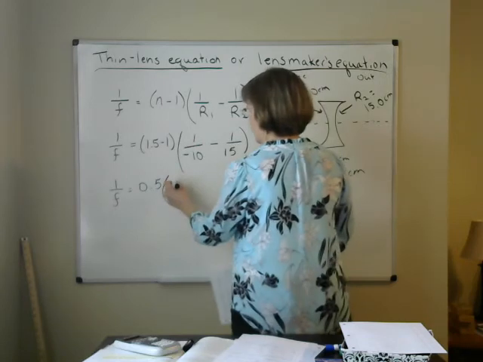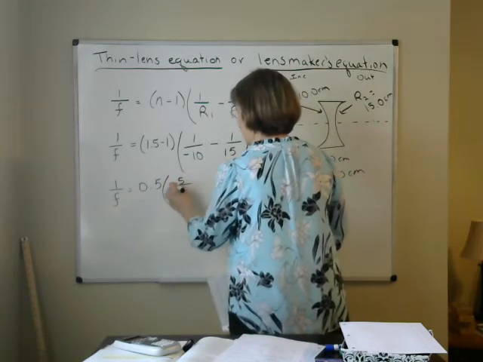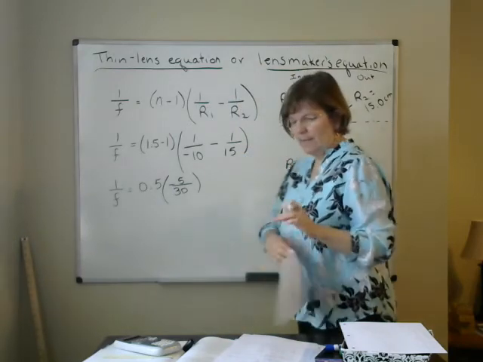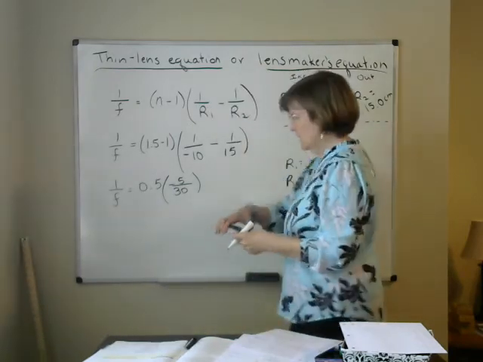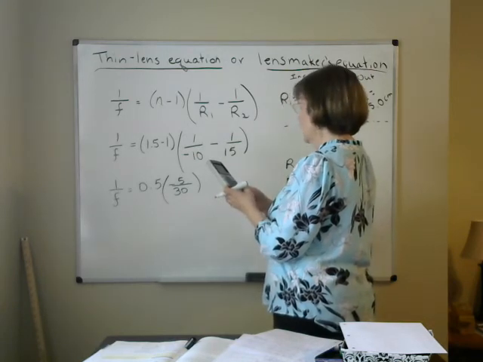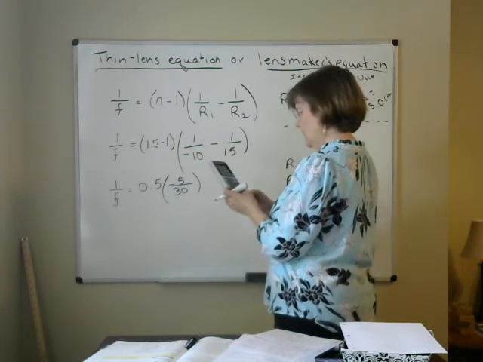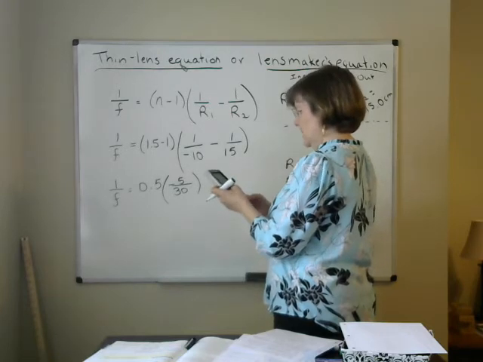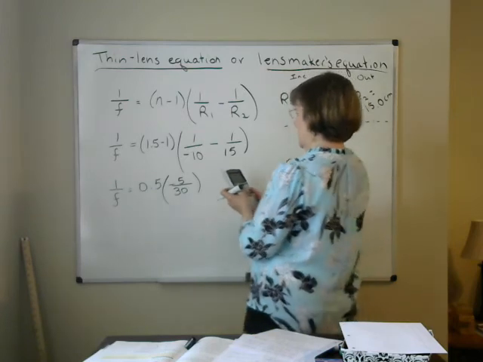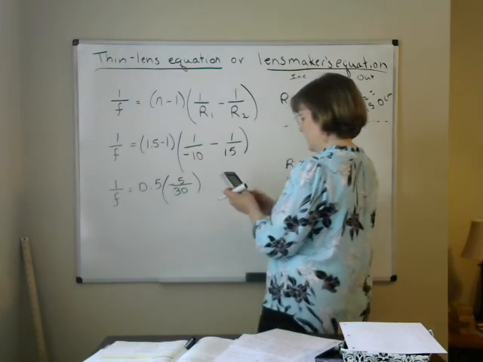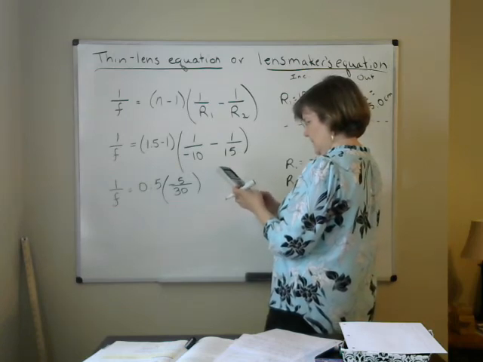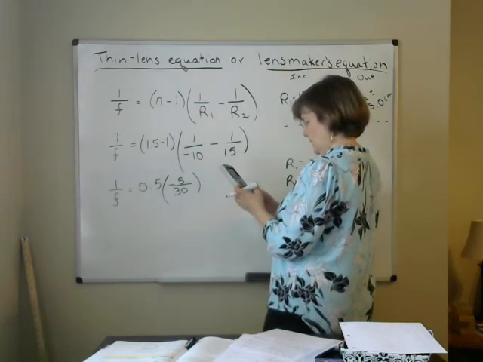Or I can just do it on a calculator. And then I'll take a reciprocal. Let's see. Double check. 1 divided by negative 10 minus 1 divided by negative 15. Let's make it a fraction. See if I did that right. Yep. Oh, what? I did not do that right. Oh, no. Didn't do it on my calculator. 1 divided by negative 10 minus 1 divided by 15.